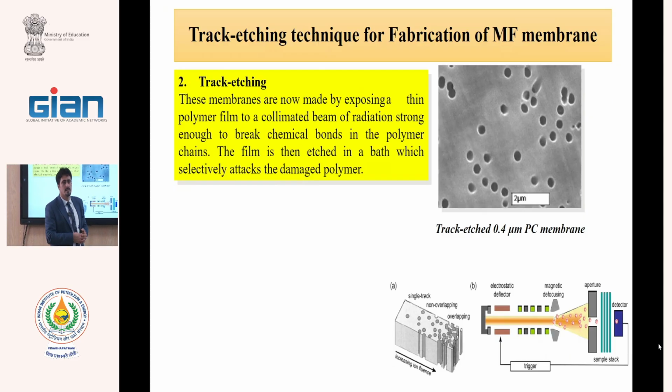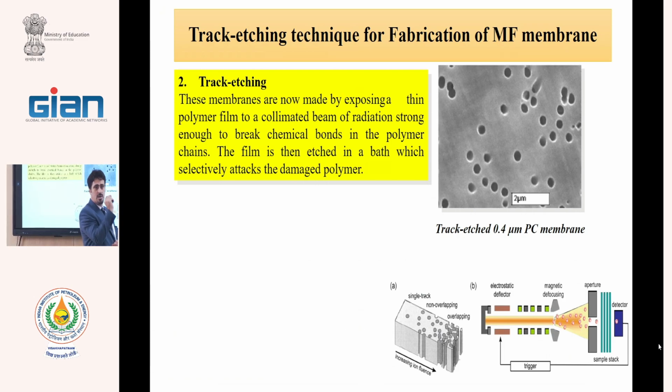The second technique is the track etching technique. In track etching, using high energy radiation, such as gamma radiation, a concentrated laser or gamma irradiation, we focus the irradiation on a previously prepared film.